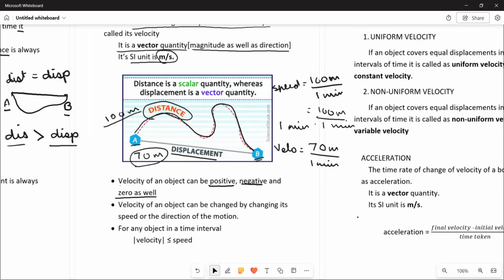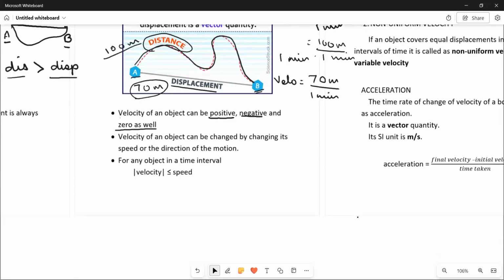Now see how it can be positive or negative. Say we consider this point 0 as our origin or the initial position, and we first went in this direction. So this direction will be considered as the positive direction, and later we decided to go in this direction. But these two directions are completely opposite to each other, right?